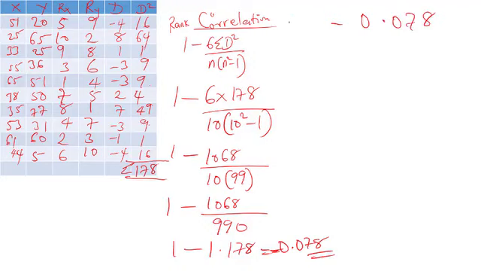That is the rank correlation. We got a negative value. The rank correlation is minus 0.078. That is to tell you that the relationship between x and y is negative.